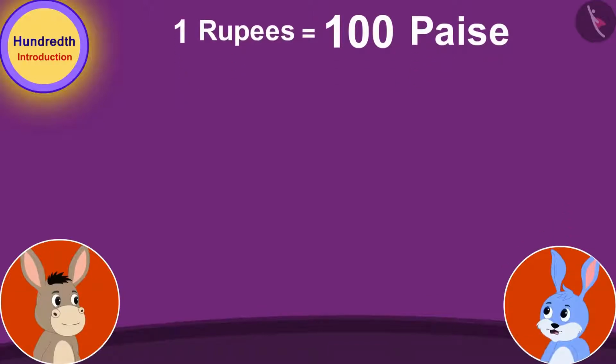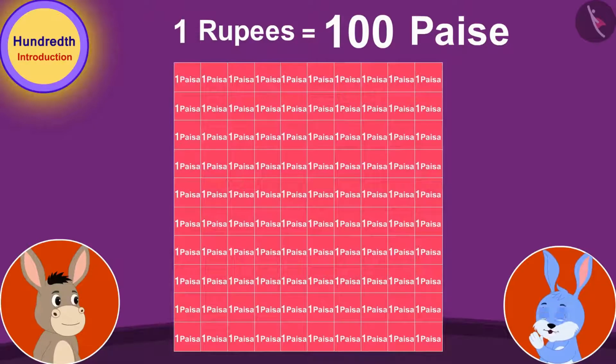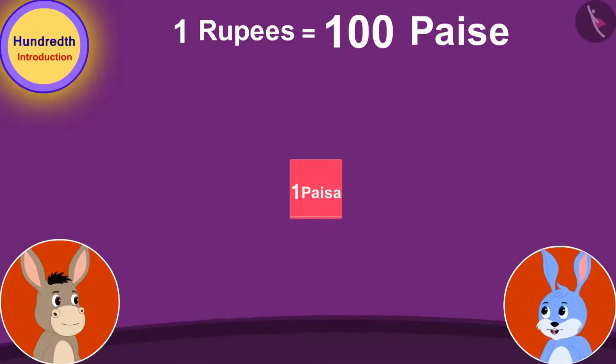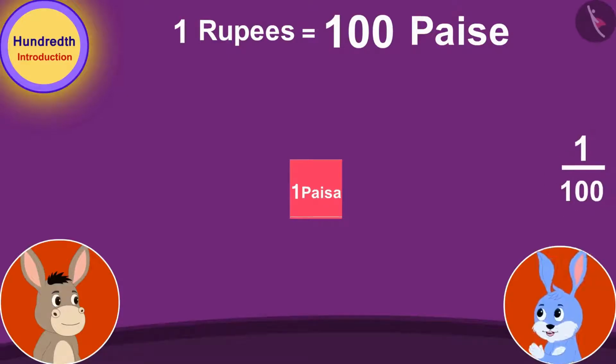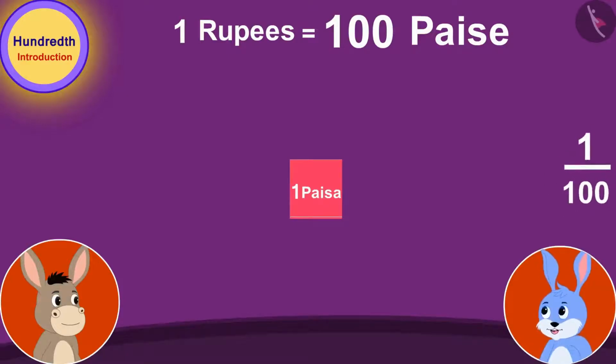Exactly. Suppose if we represent 100 paise by making 100 squares in this way, then 1 square would be equal to 1 paise. If we take one of these 100 squares, then we can write it in the form of a fraction as 1/100.